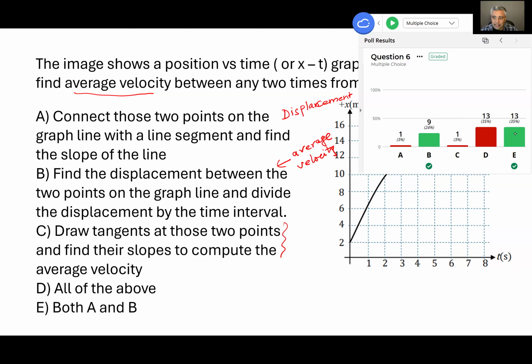So you draw a line and then find the displacement using that. So again, best choice would be B, but we can say in the process, A can be included, right? So both this and that can be used as a process, okay? But C is definitely not.